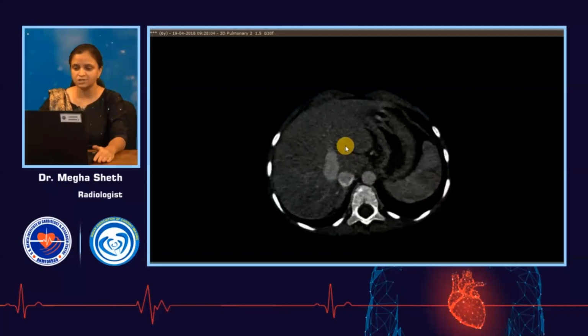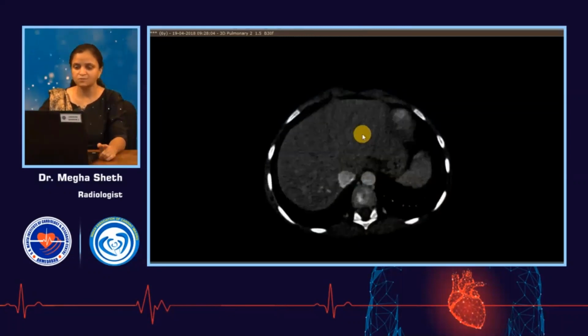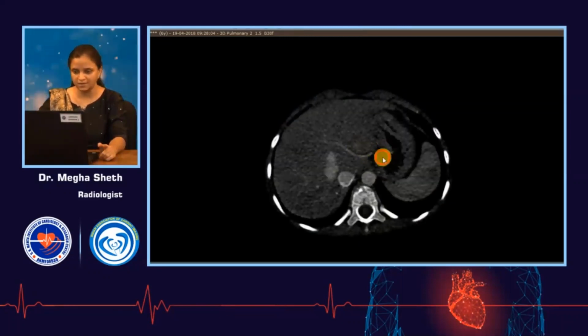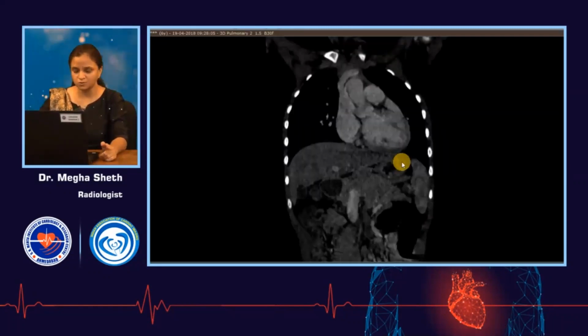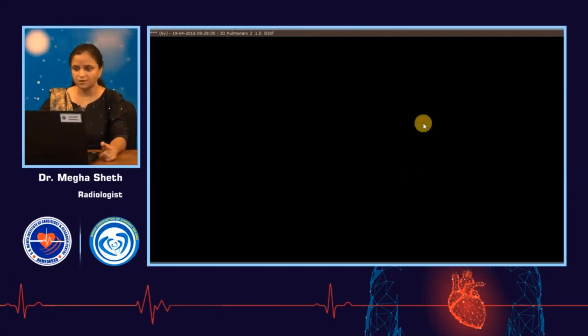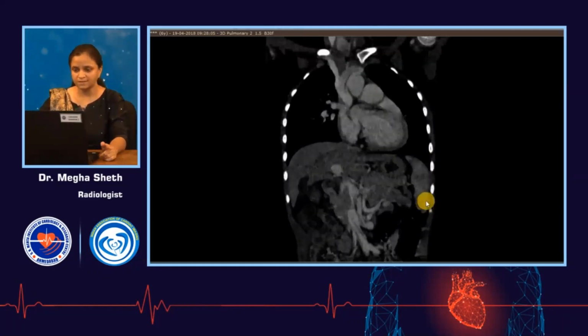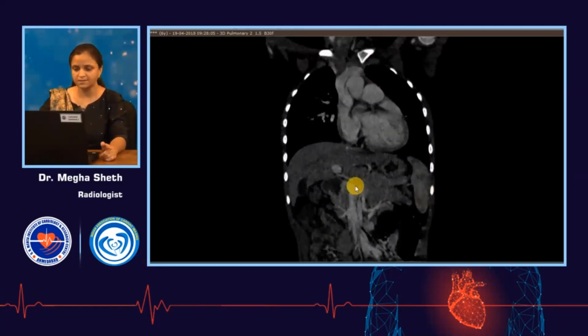This is the flush connection. Another thing, we can see these narrowed portal venous branches. Here also we can see. I hope the contrast and everything is clear to you. I'll also show you the sagittal images of the same patient. See, this is the portal vein.